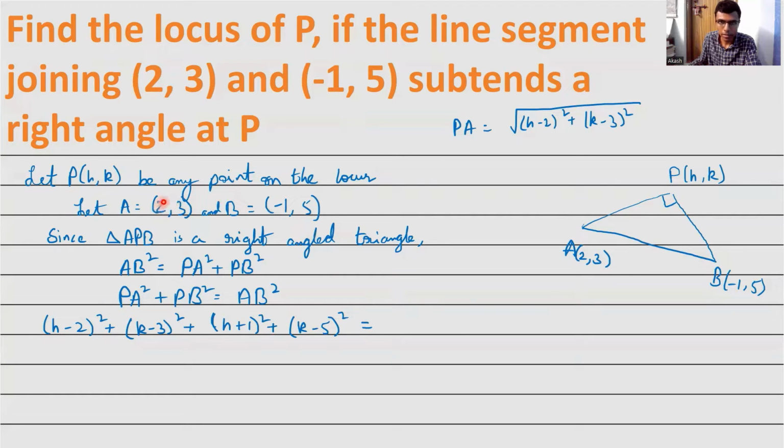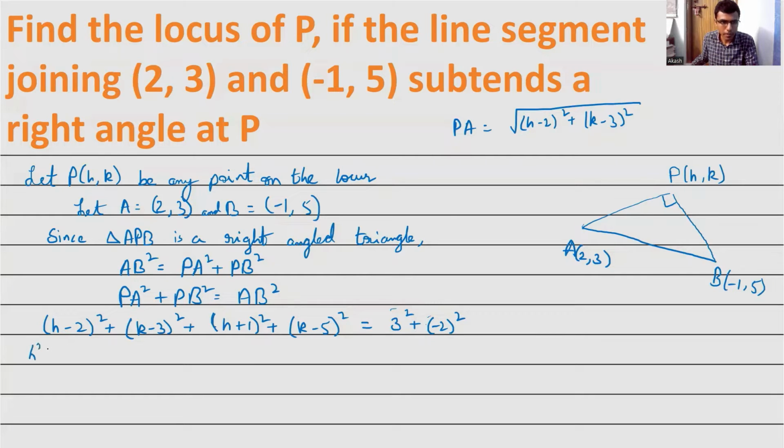Okay, AB square is nothing but 2 minus of minus 1, which is 3 square, for here this also distance formula, 3 square plus 3 minus 5 whole square minus 2 whole square. Fine. Or you could find out AB separately and put it here. Anything's fine. I just did all the calculation and put down everything in this step only.